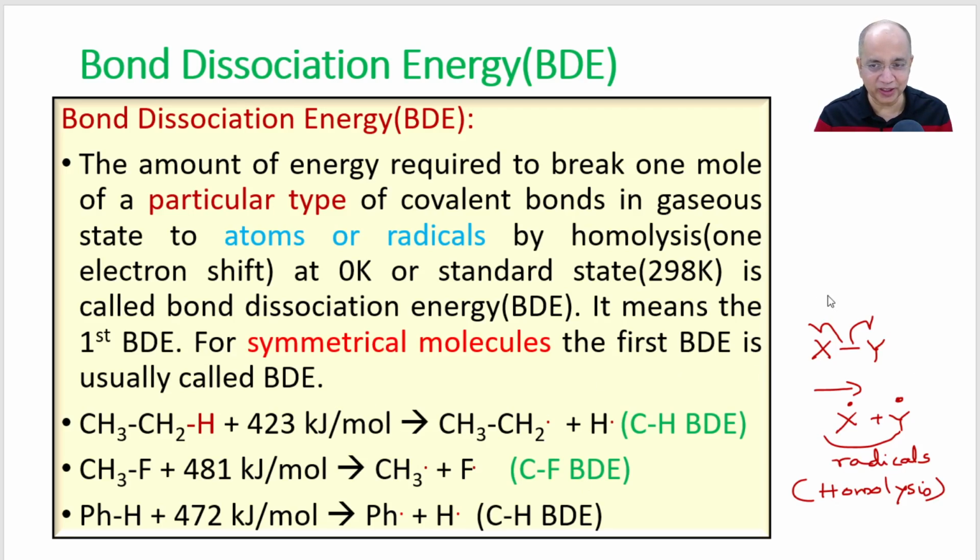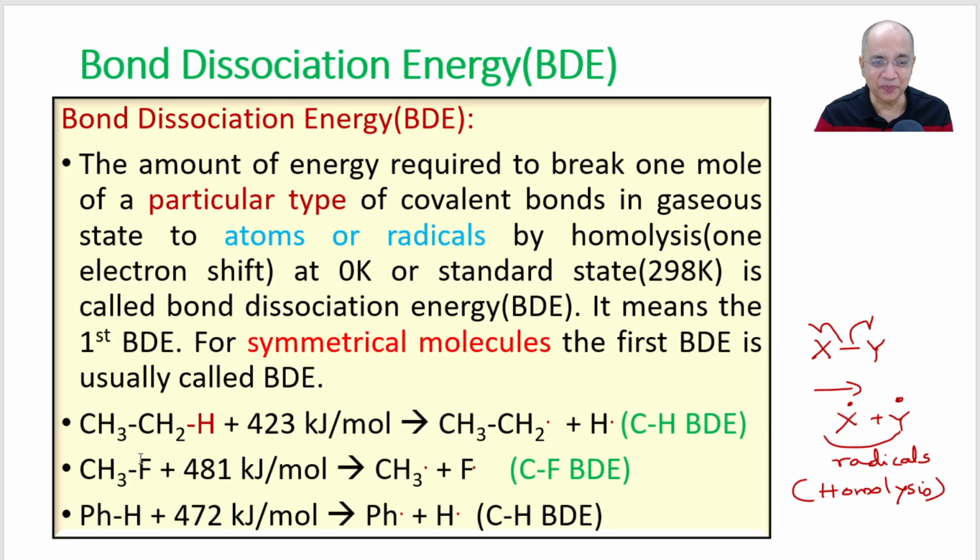And I tell you what is called homolysis or homolytic cleavage, shown by a fish hook arrow mark. A fish hook arrow, not a normal arrow, represents one electron shift, so that the respective groups or atoms get back their own electron. So they form atoms, or if it is a group of atoms, it is called a radical, which contains an unpaired electron.